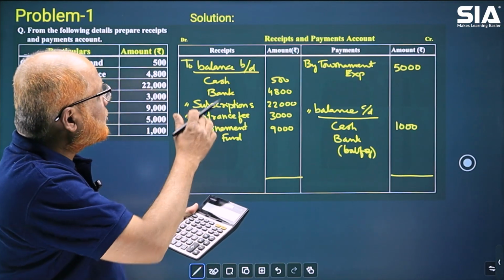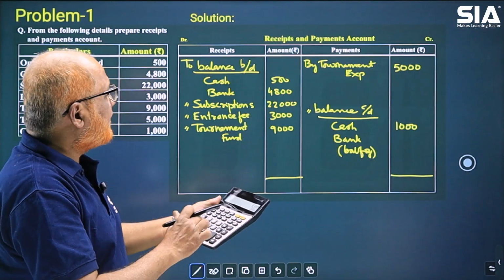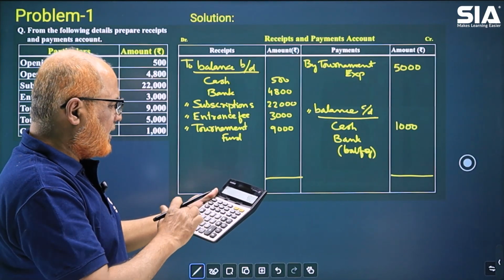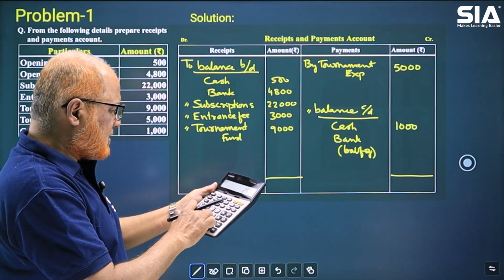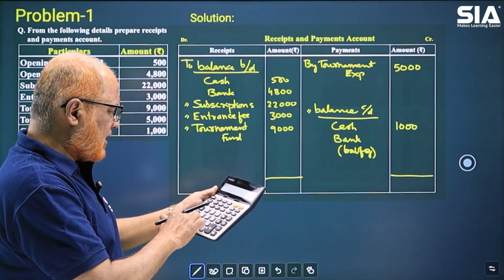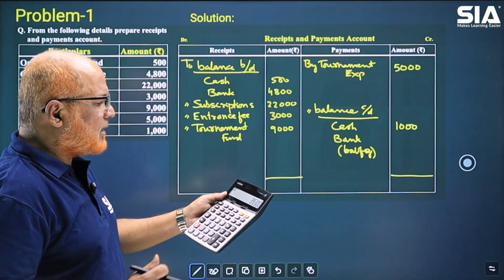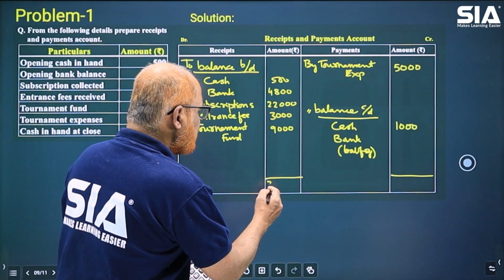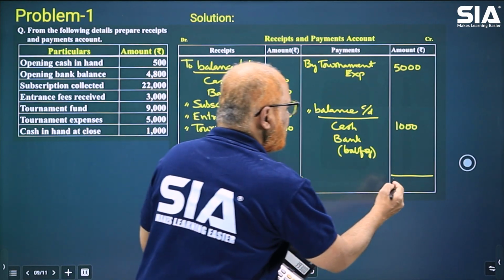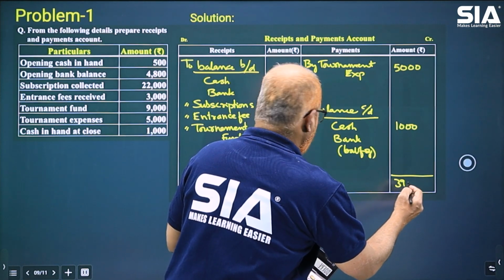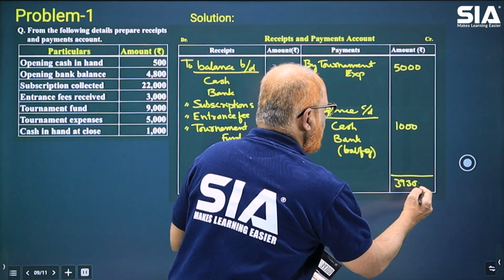Now I'm taking the total on the debit side: 500 plus 4,800 plus 22,000 plus 3,000 plus 9,000. The total debit side is 39,300. Right?